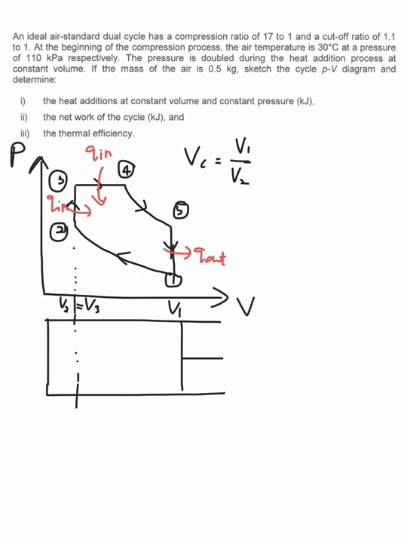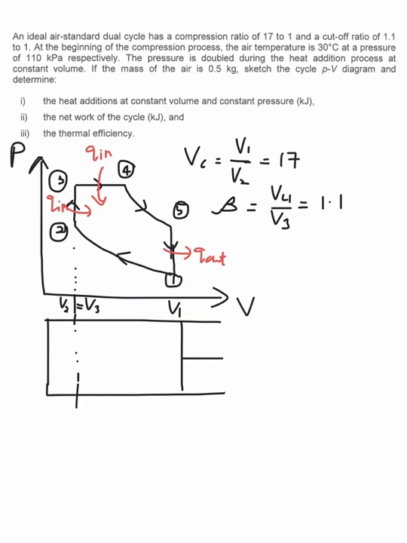Let's get back to this compression ratio here. So V1 over V2 is given to you as 17. And then you have a cut-off ratio of beta, which is V4 over your V3, equal to, in this case, 1.1.